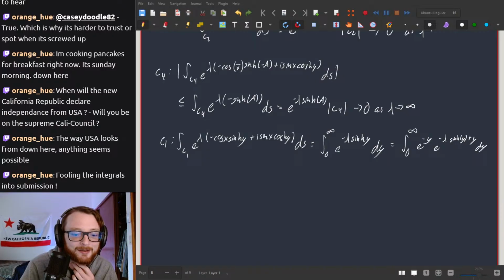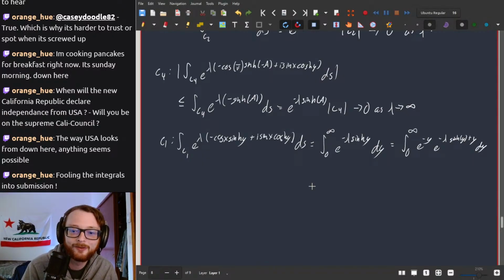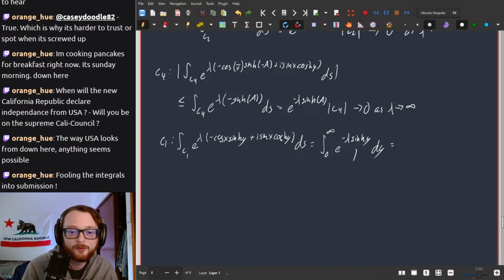Sinh is a monotonically increasing function. This function inside is at a maximum when sinh is 0.